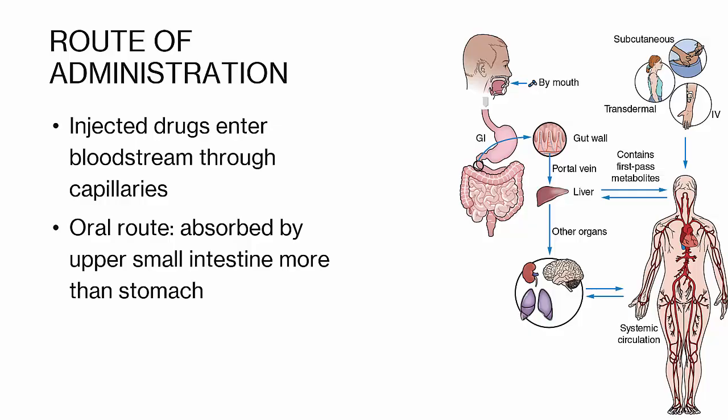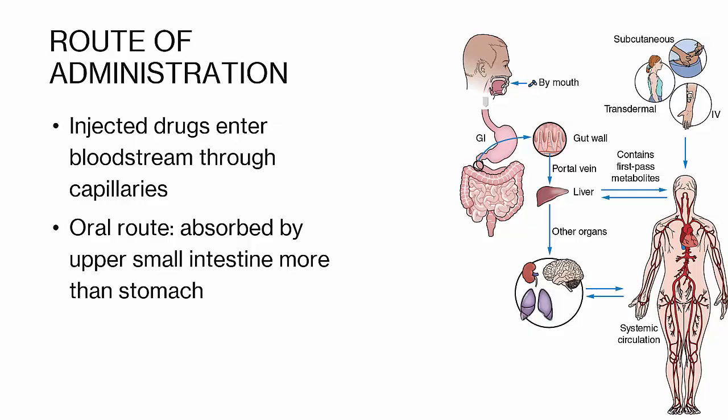Drugs administered to the mucosal sites of the lungs, nasal cavity, mouth, vagina, and rectum must cross varying types of epithelia. For drugs administered through enteral administration, also known as the oral route, absorption primarily occurs through a single layer of cells that line the stomach and the upper small intestine, also known as the duodenum and the jejunum.